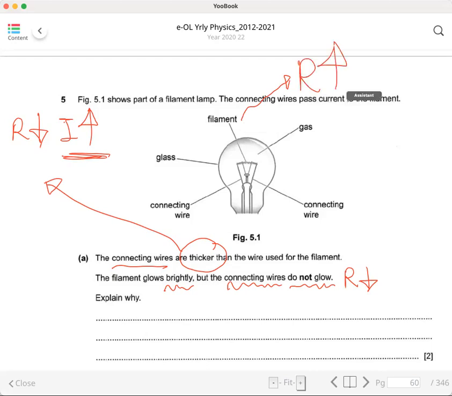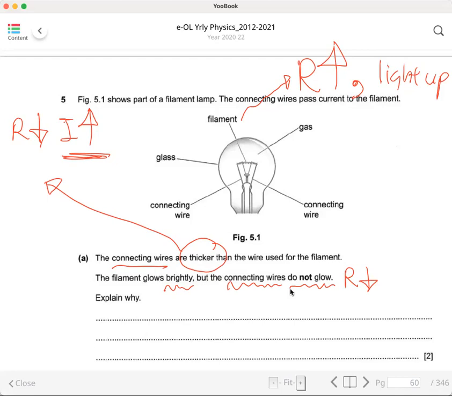So it's hard for the current to flow through, and therefore it will light up. Clear? Any question for this? Are you clear about this?